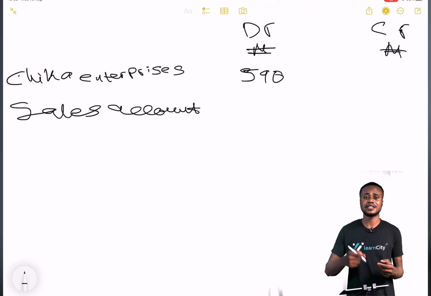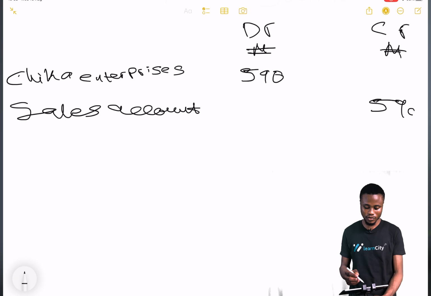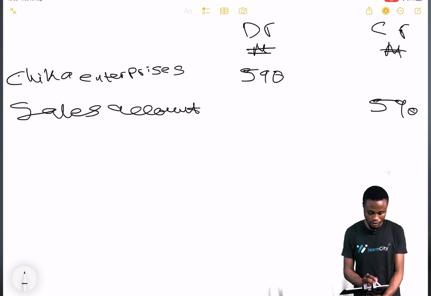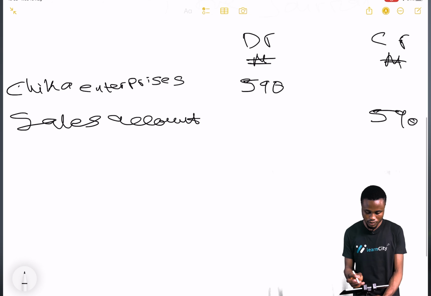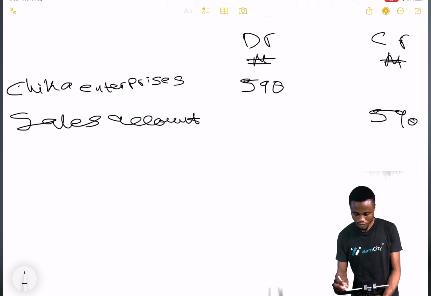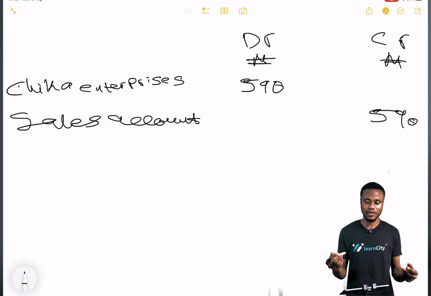You need to credit it into this sales account. So the sales account is credited with 590 naira.